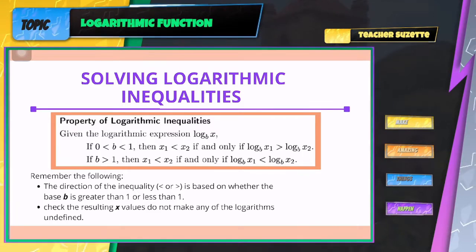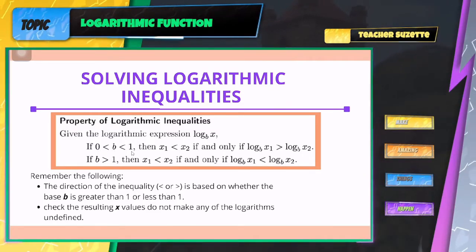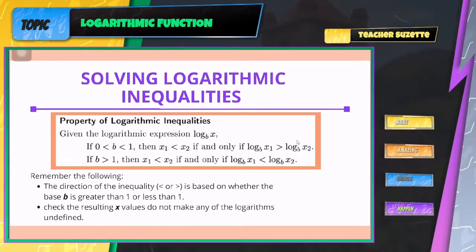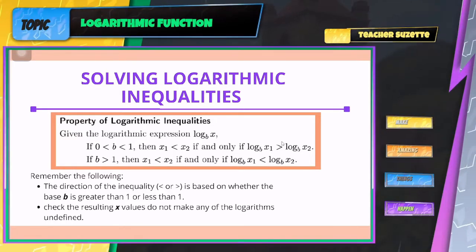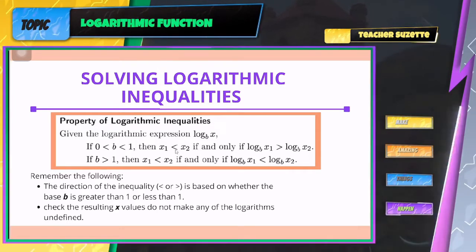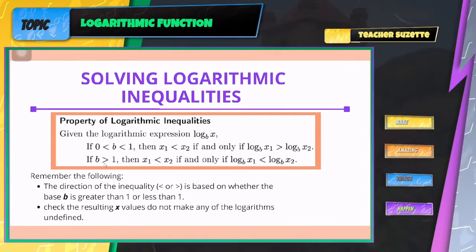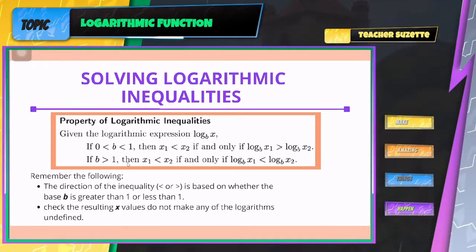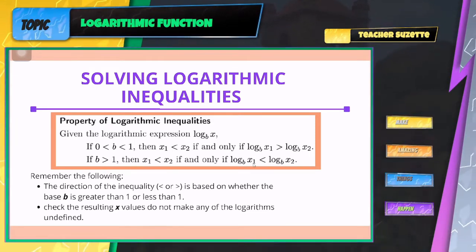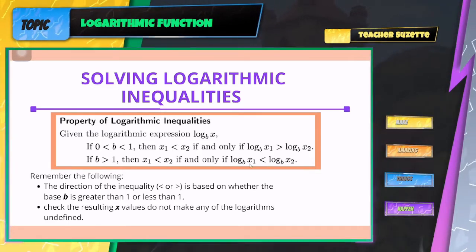This also implies that when our base is between 0 and 1, the direction of our inequality will be reversed, so from less than it would be greater than, or vice versa. When our base is greater than 1, we retain the direction of our inequality sign.